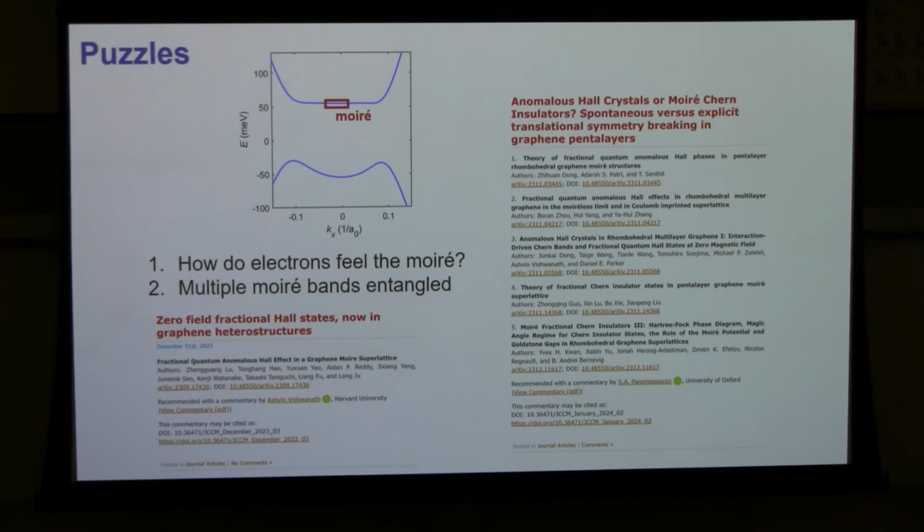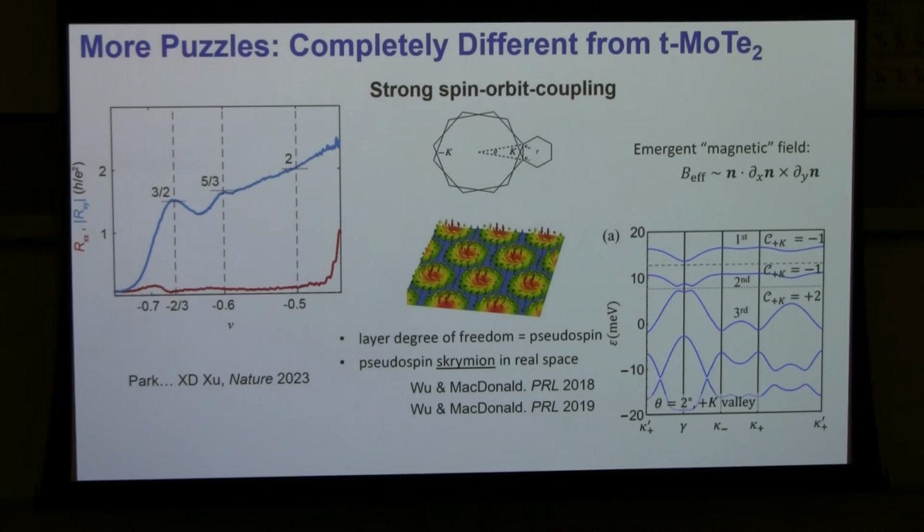So this has triggered a lot of thinking about what's really going on here, and possibly explains why theorists have missed this particular system for fractional quantum anomalous Hall effect. There are more puzzles if you compare to the other material system, twisted MoTe2, where people also observe fractional quantum anomalous Hall effect. There, it was initiated by theorists saying there's some spin-orbit coupling, and there's layer pseudospin.